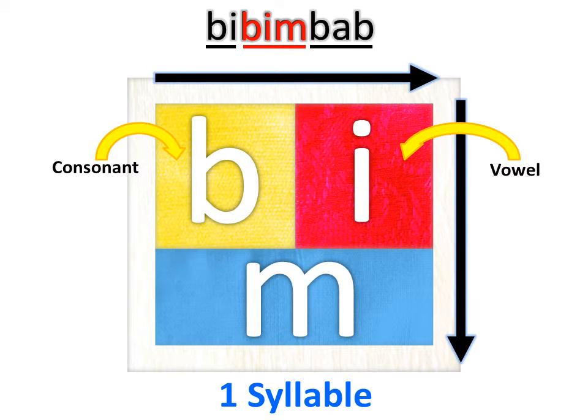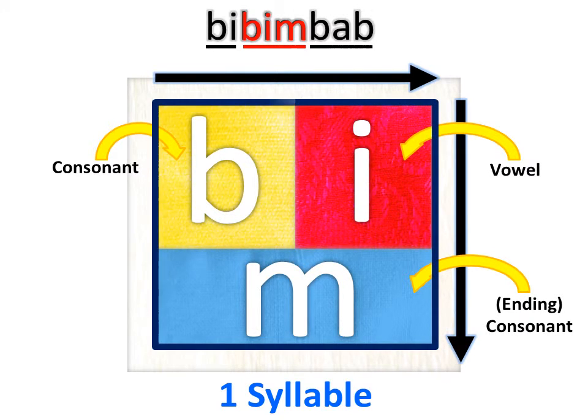Then if there's further consonant, we put it underneath, not next to the vowel, underneath. So the last consonant of a syllable is always at the bottom. And 1 syllable equals 1 square box. And basically we put lots of these syllable square boxes next to each other to make a word or sentence. Understand?